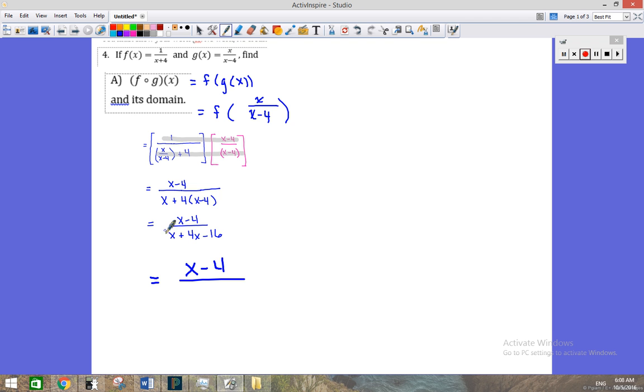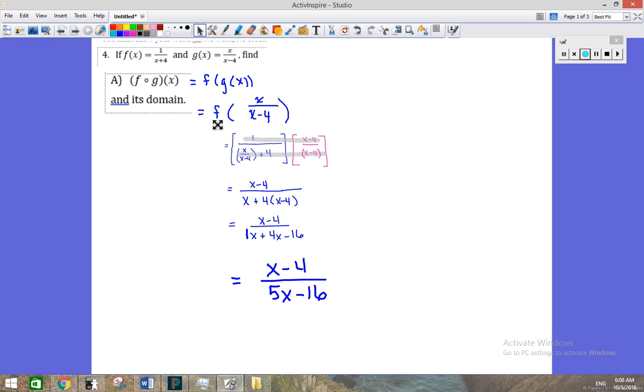Some people like to put a coefficient of 1 there just as a visual aid. That 1x plus 4 more x's is 5x minus 16. So there's our expression for this composition.